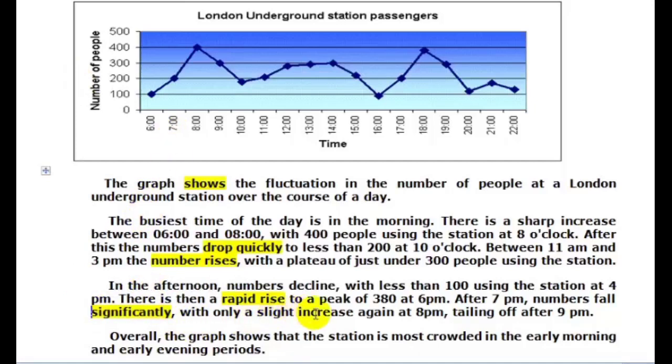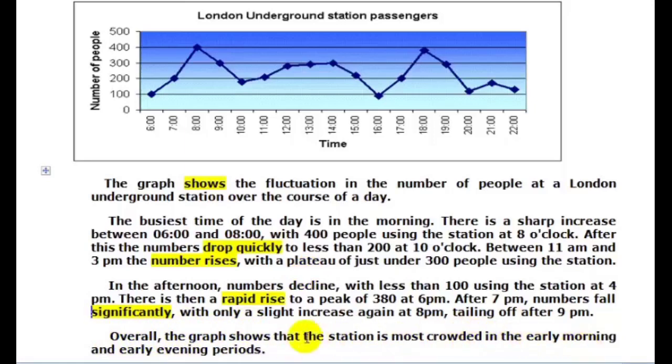Significantly, with only a slight increase again at 8 p.m., tailing off after 9 p.m. So the slight increase is there, and then tailing off after 9 p.m. This is how we have described all the relevant information.